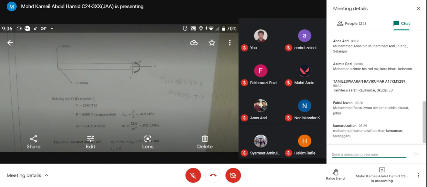Okay, so therefore the most critical will be sigma x equal to minus sigma b minus sigma average. Dia total up, tapi negative b negative average.